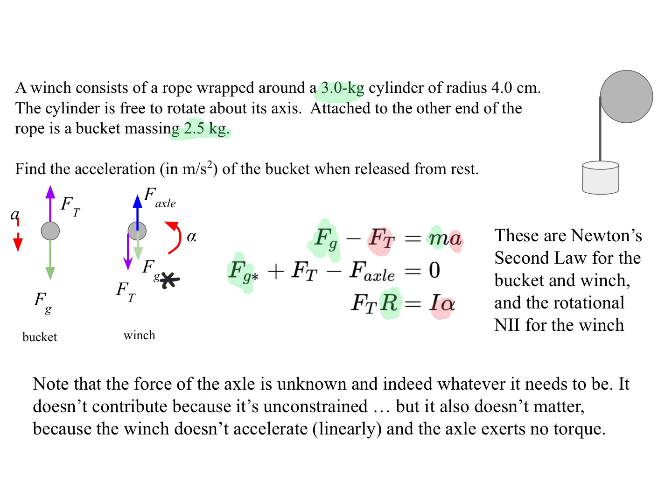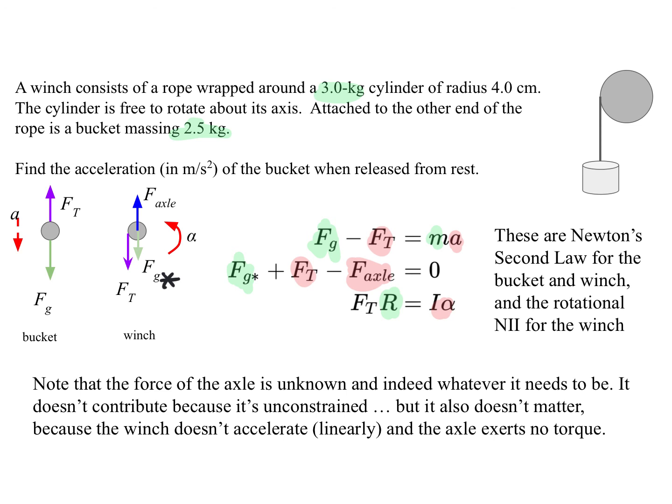We don't know Ft, and we don't know F axle. And I have, therefore, 4 unknowns. 1, 2, 3, 4. And I have only 3 equations. So we feel like we're in a little bit of trouble here. We don't have enough to get everything we would need.